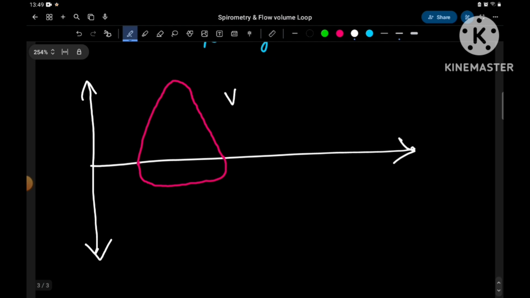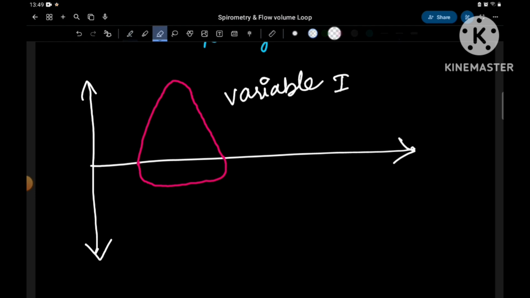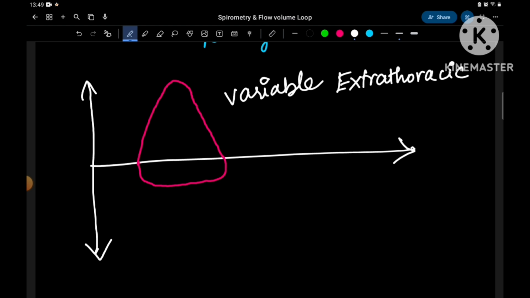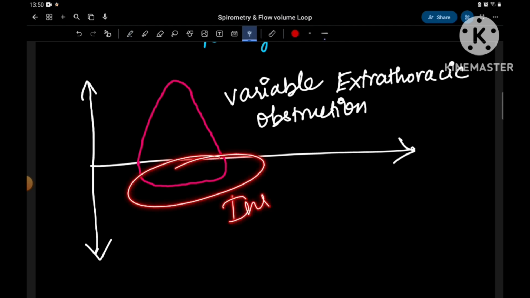So this is variable extrathoracic obstruction. Why extrathoracic? Because the affected loop here is the inspiratory loop, guys. See here, the inspiratory loop is affected.